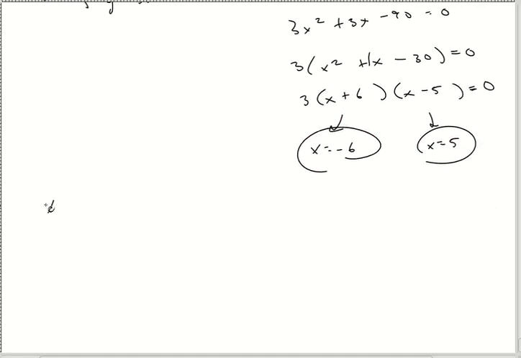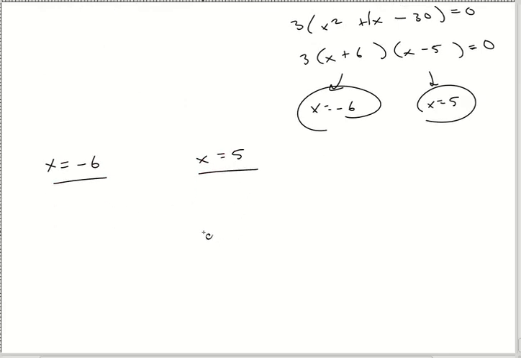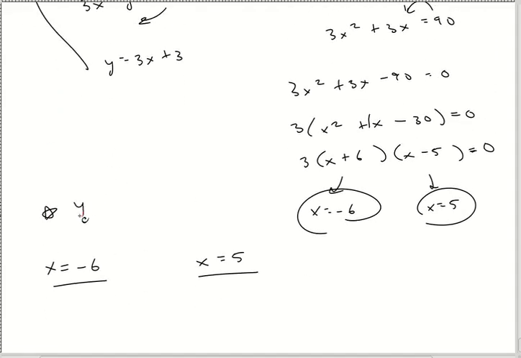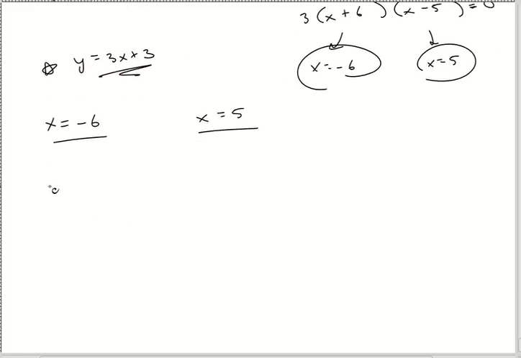Cool. Let me go ahead and write those out over here. So I've got a negative 6, positive 5. And so here we go. What's my y formula? Did we have one of those? Yeah. Y is equal to 3x plus 3, just from right there. And so I got y is equal to 3 times negative 6 plus 3, negative 18 plus the 3, negative 15.